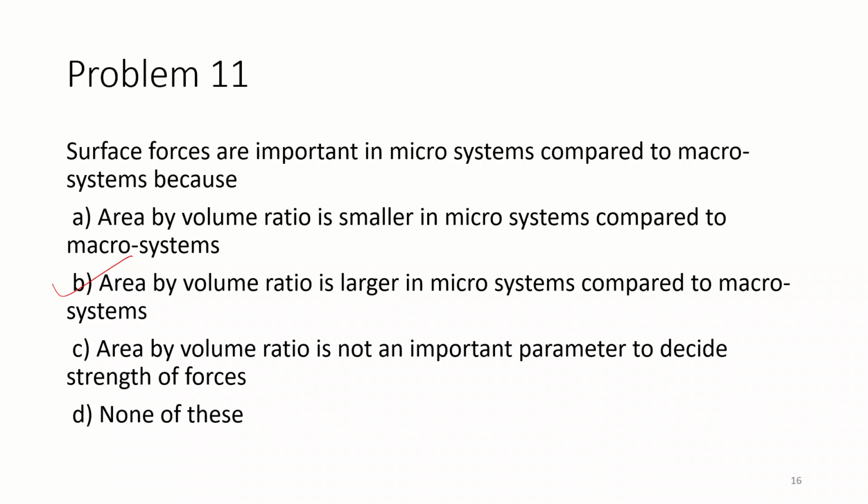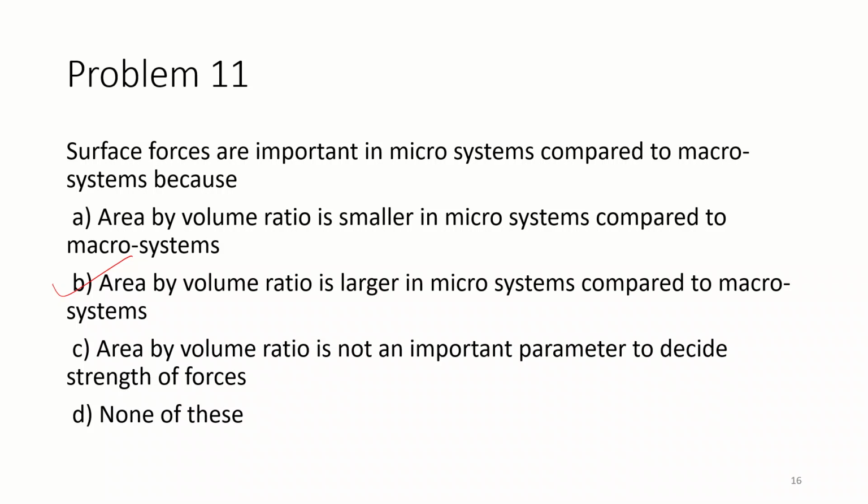But when you go down to micro and nano scale, because we have very low volume and high surface area, other forces like friction, electrostatic force and some magnetism also affect a lot. So the gravity based forces are less and surface based forces are more. That's the logic here.